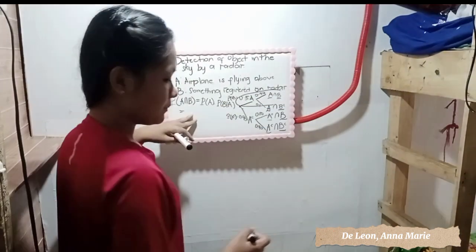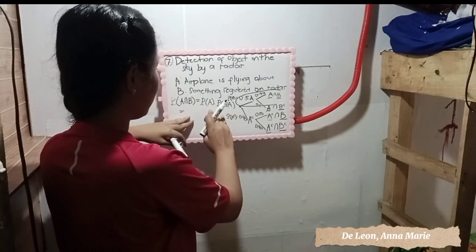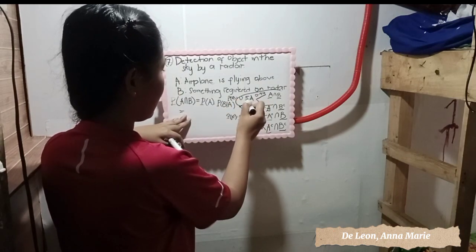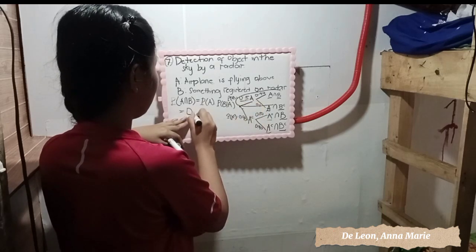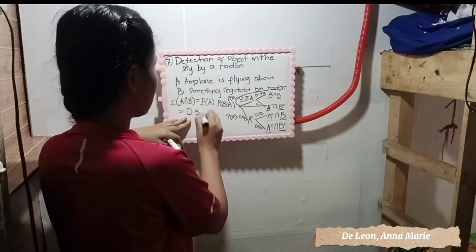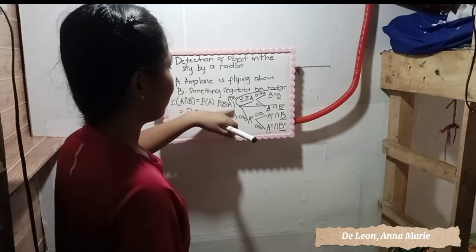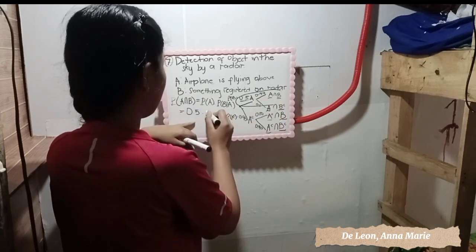Given the formula, the probability of A here is equal to 0.5 times the probability of B given A, which is equal to 0.99.